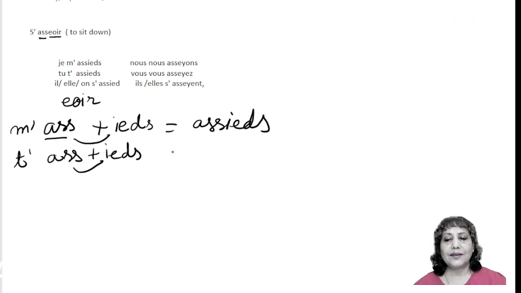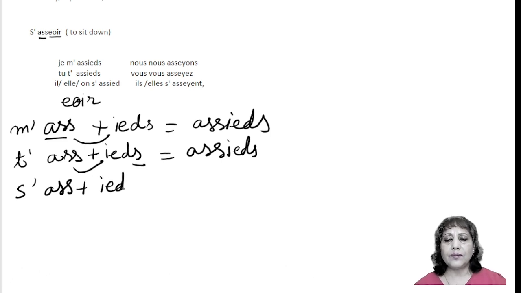Assieds, then assieds. Okay. But for the third person, the same rule, but do not place S. Okay. Same thing. And we will not pronounce it also. So je m'assieds, tu t'assieds, il s'assied.